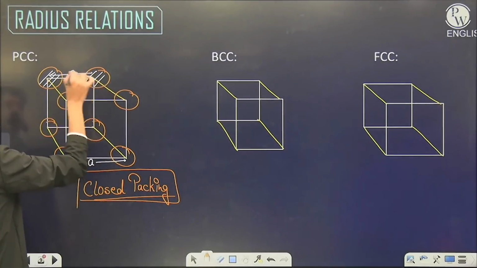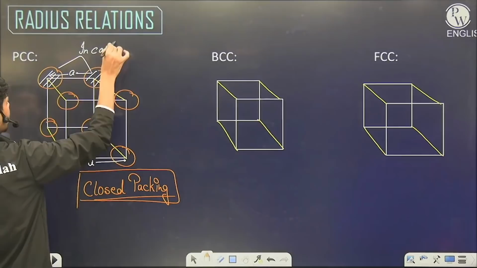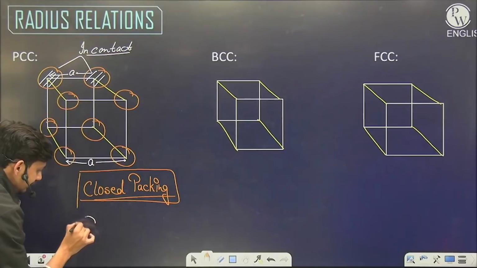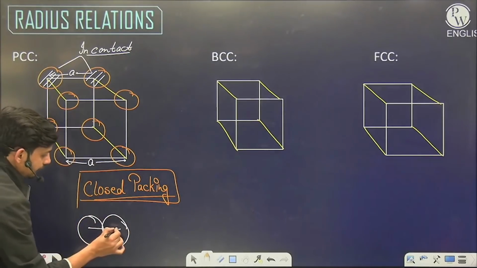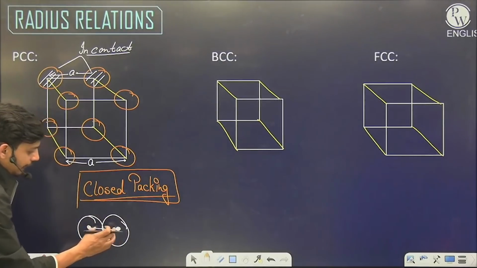So we can assume these 2 are in contact with each other. So the PCC structure will be something like this. Atoms are at the corner and the corner atoms are in contact.